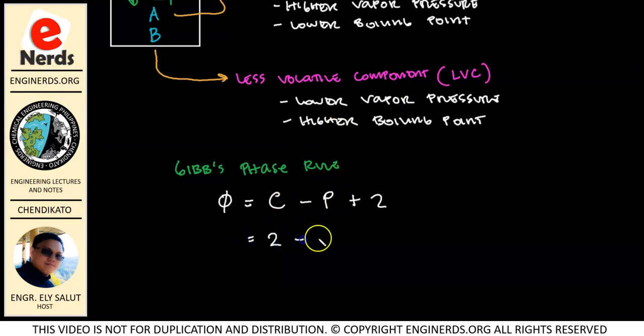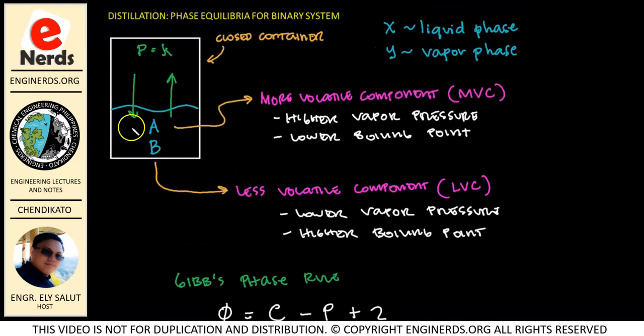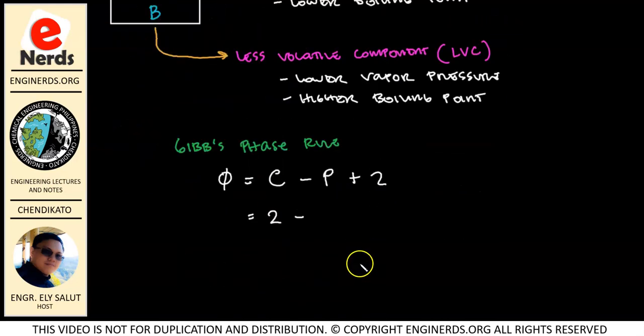Then, minus our P, which is the number of phases. As you can see, we only have 2 phases here, the liquid and vapor phase. So, we have here minus 2 and then plus 2. Therefore, our degrees of freedom here is equal to 2. So, what does it mean?